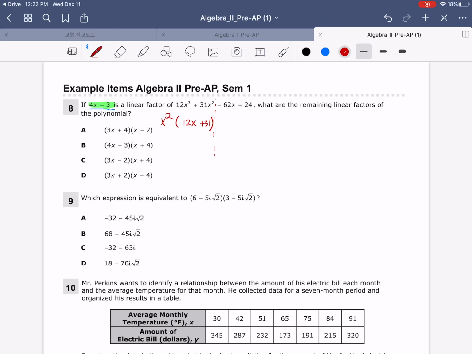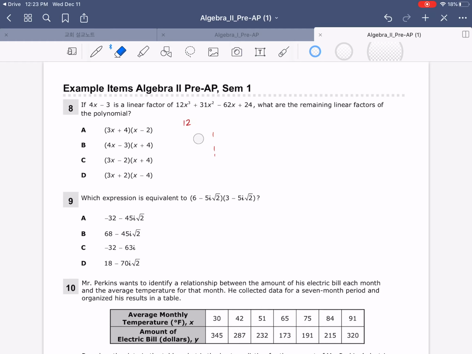Does 31 go into something else? I think this is a question error, because I think this one should be 30. Otherwise, it does not make sense to me. Yeah, I think the test maker made a mistake. Otherwise these answer choices do not make sense to me at all.